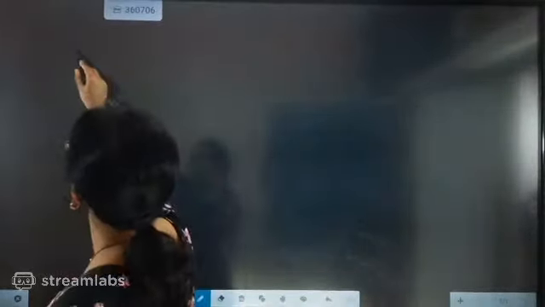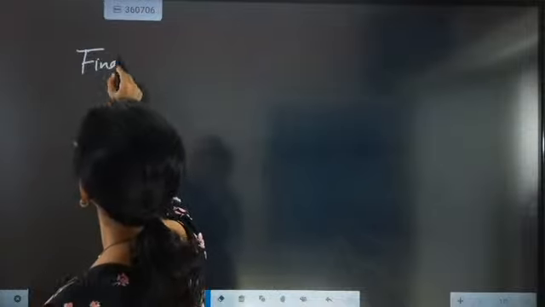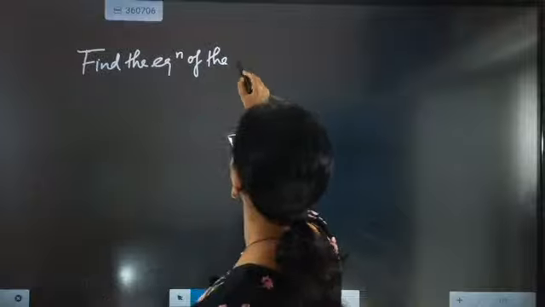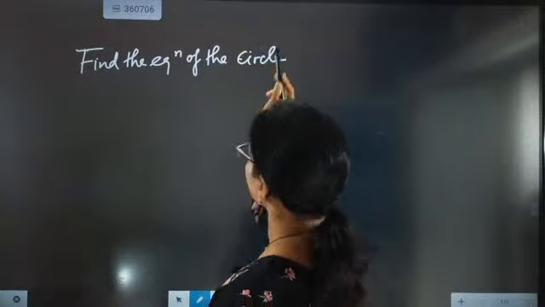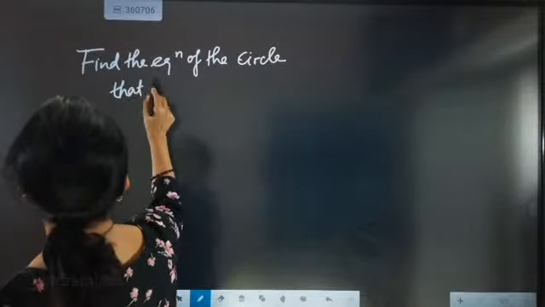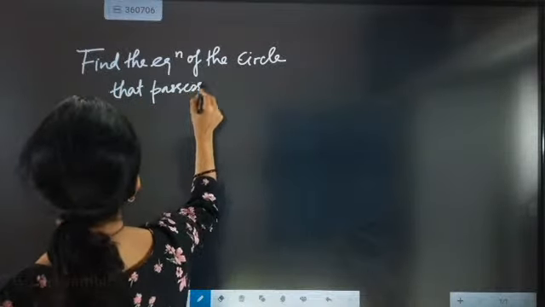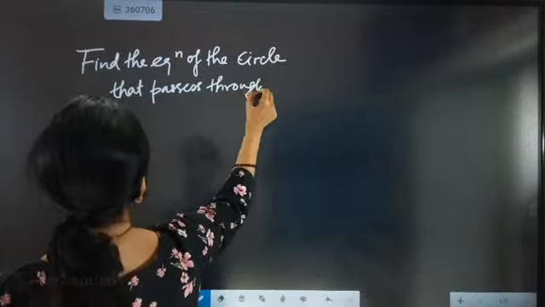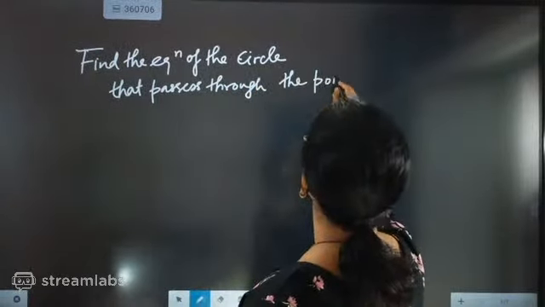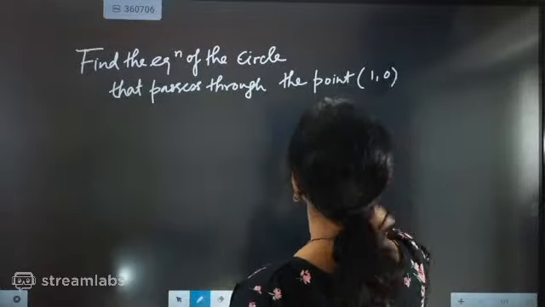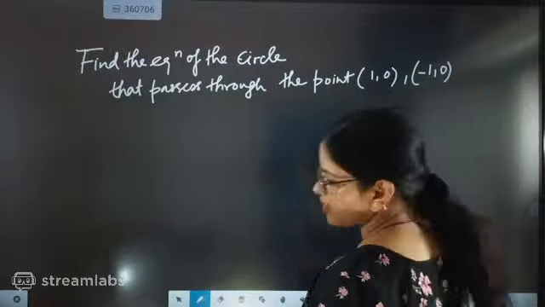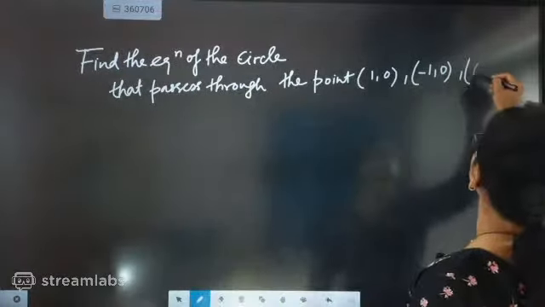Find the equation of the circle that passes through the points 1 comma 0, minus 1 comma 0 and 0 comma 1.